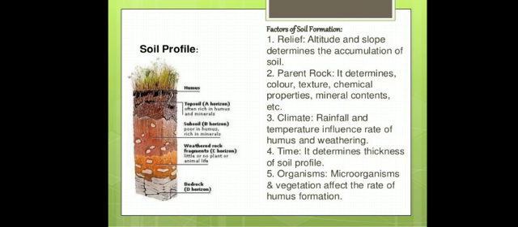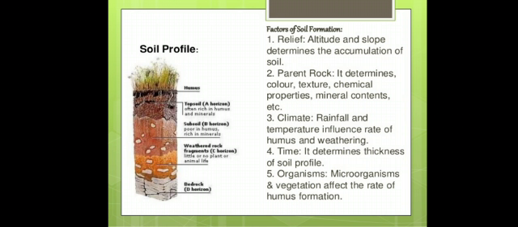So children, the soil profile consists of 4 horizons, that is A horizon or topsoil, B horizon or subsoil, C horizon consisting of weathered rock fragments, and D horizon, that is bedrock.